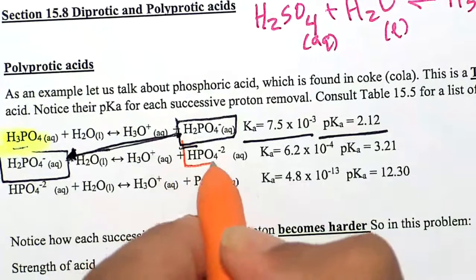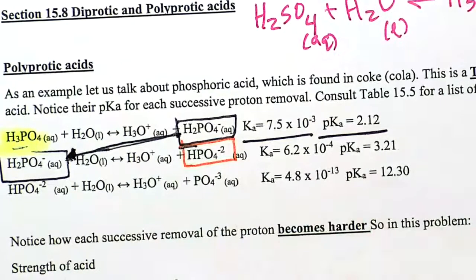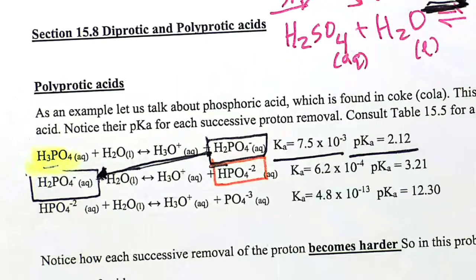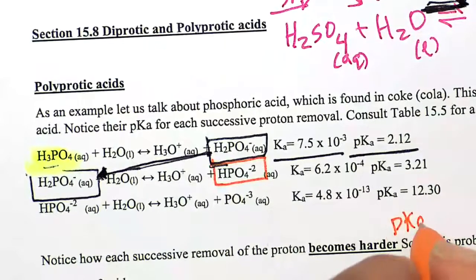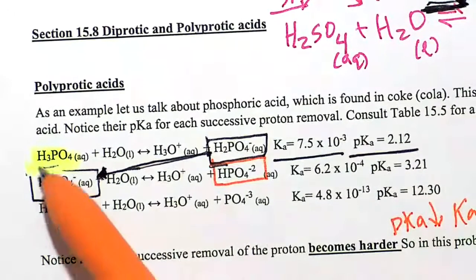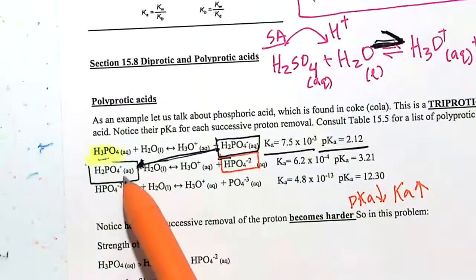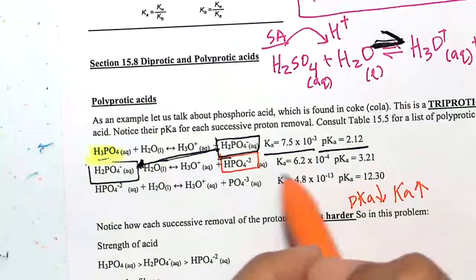I'll put it in orange. The second proton has a Ka of 6.2 times 10 to the minus 4, pKa 3.21. Remember our trend: the higher the pKa, the lower the Ka. The lower the pKa, the better the acid. So H3PO4 is a better acid than H2PO4 minus, because the second one has a pKa of 3.21.